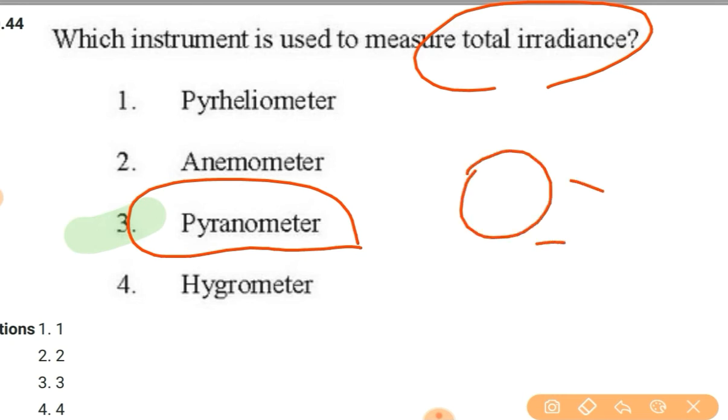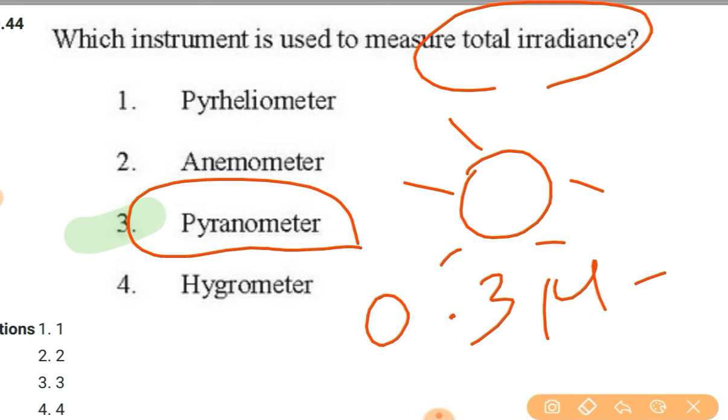And it measures the solar radiation flux density from the hemisphere above within a wavelength range from 0.3 micrometer to 3 micrometer.